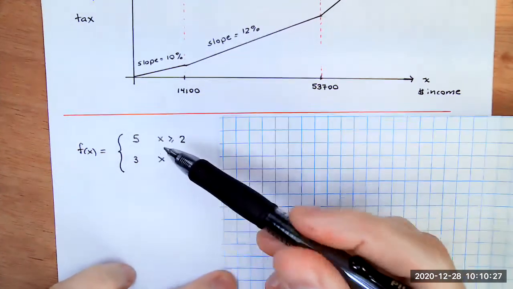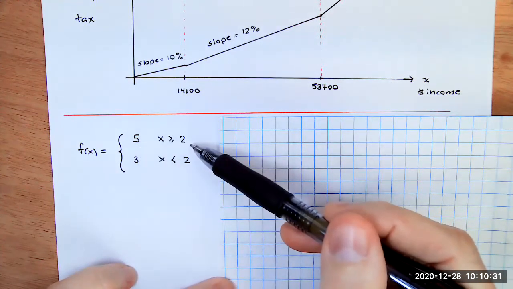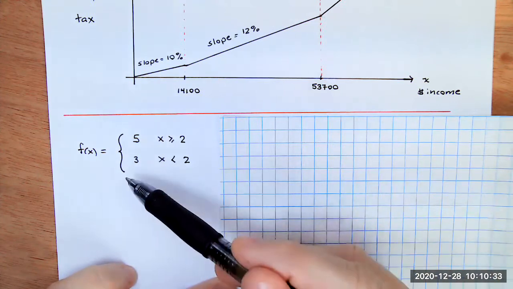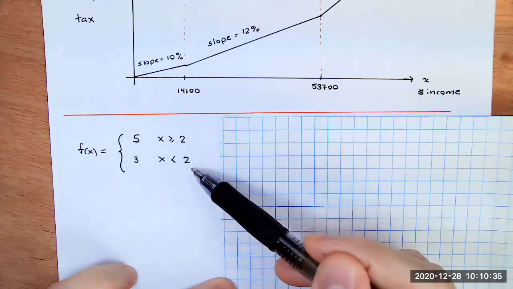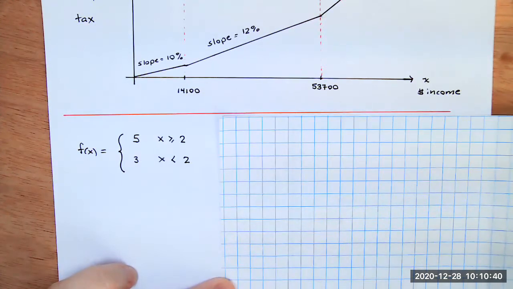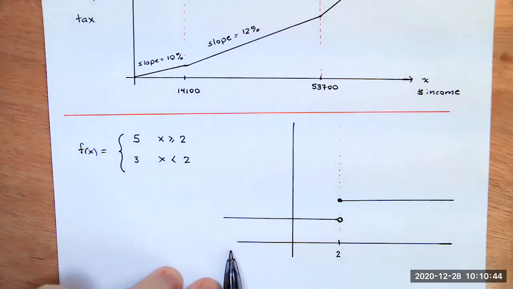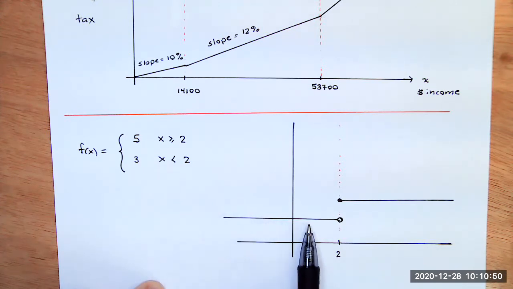So suppose we have f of x, which is 5 for x greater than or equal to 2, or 3 for x less than 2. Let's look at the graph of this piecewise defined function. For this part of the domain, x less than 2, f of x is 3.